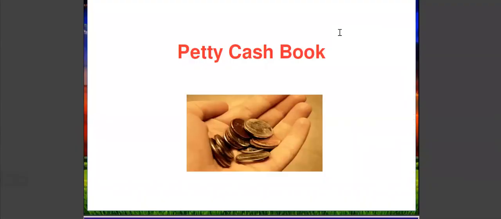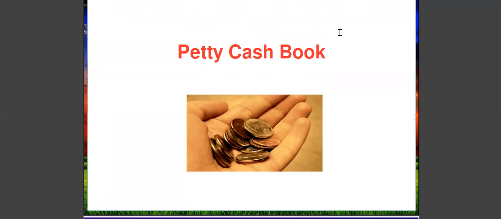Petty cash book. Each and every day we spend a lot of money on expenses: tea, refreshments, postal charges, A4 sheets, many petty items. We cannot handle all these small expenses in the ledger, because for each head we would have to open a separate book, which is not necessary.